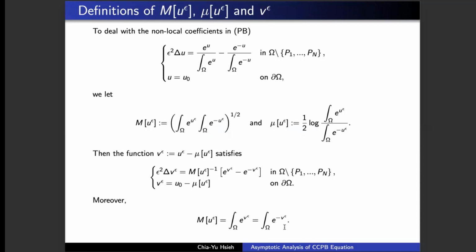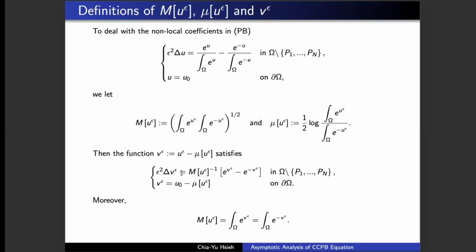So this equation of v doesn't have any non-local coefficient, but as I mentioned, there are 3 parameters depending on epsilon, and they will vary for different epsilon. So it will cause some difficulty to analyze it.